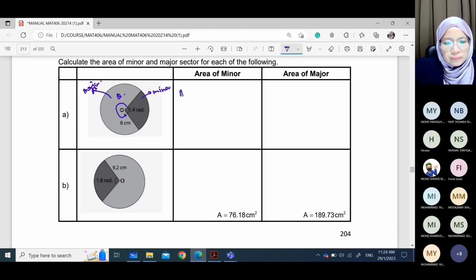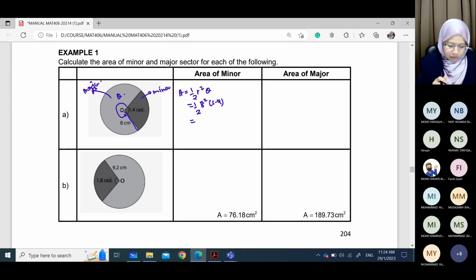Okay, so kita cari untuk area minor yang gelap ni. So the area is equivalent with 1/2 r squared theta. So radius yang ini is 8 cm. So 1/2 multiply with 8 squared multiply with 1.4 radian. Okay, darab je.